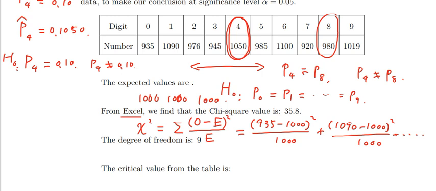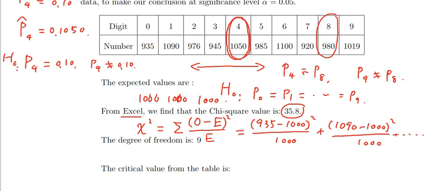For complicated calculation, we need computer programming, right? So for applied stats 2, we use computer software. But anyway, we find the chi-square value is 35.8.